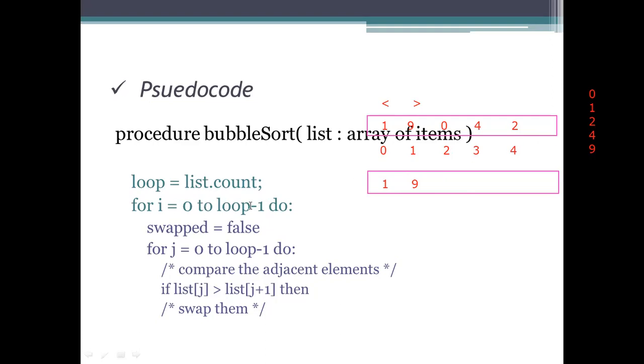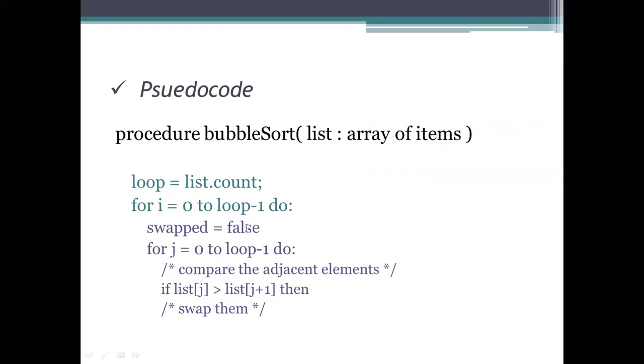Loop minus 1 means 0 to 4, so until 4 I compare with each and every value and get to the original position.